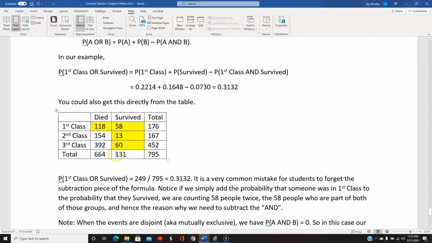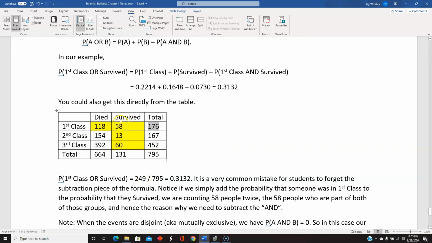What students often mistakenly do is they'll add the 131 from here and the 176 from here, because we had 131 that survived, we had 176 that are in first class, and they will add those 2 numbers together and get 307, and they will mistakenly think that this probability should be 307 over 795.